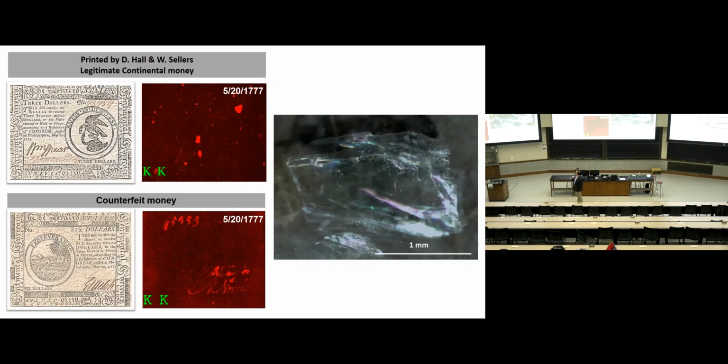Another example here is that in legitimate money, you can see lots of these inclusions, but in the counterfeit one, you don't see those. You also see potassium as part of the signatures, but the potassium coming from these inorganic inclusions, you cannot see in the counterfeit.